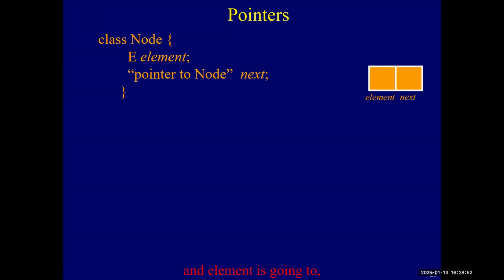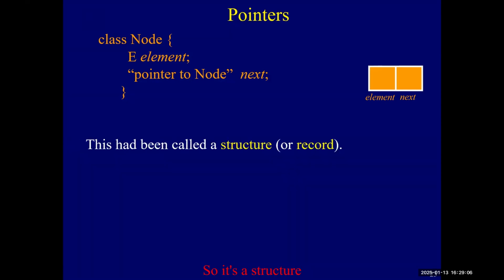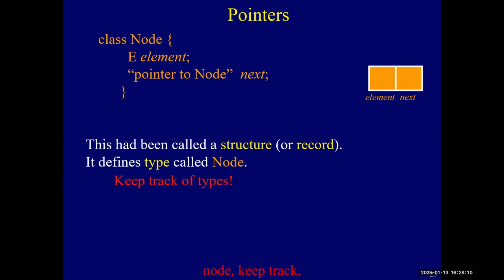And the next is going to be, I say it's of type pointer to node, right? So this is not Java. This is Jeffian, right? So it's a structure, defines type node. Keep track of types, right? What is this of type?